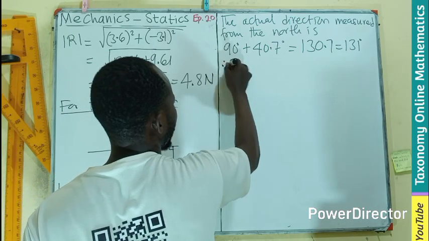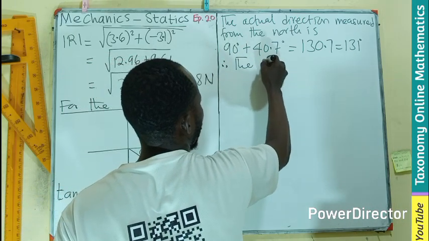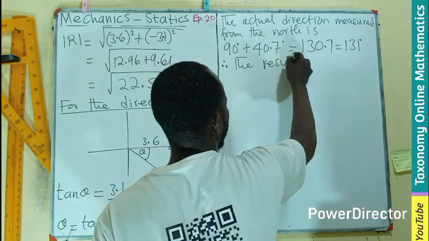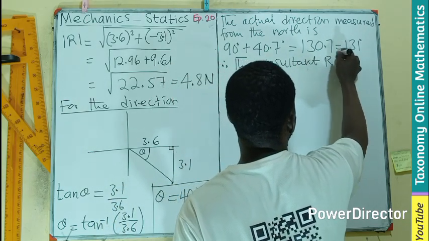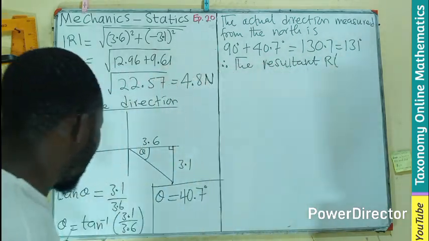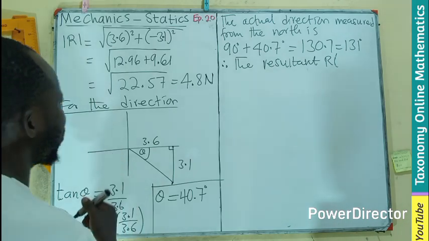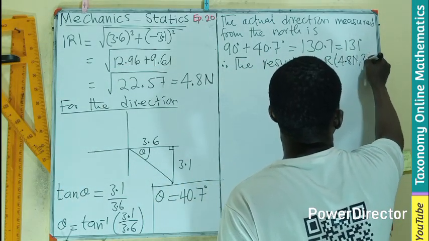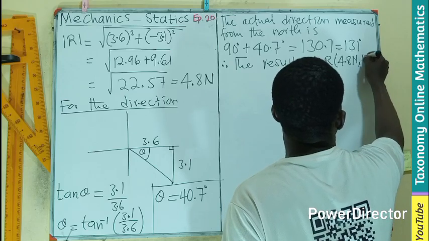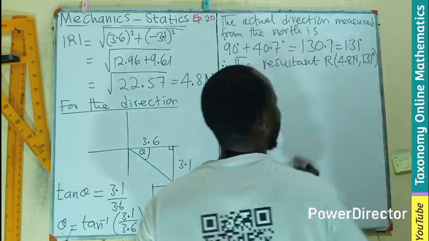So therefore the resultant R has a magnitude of 4.8 Newton. Then the angle is 131 degrees.